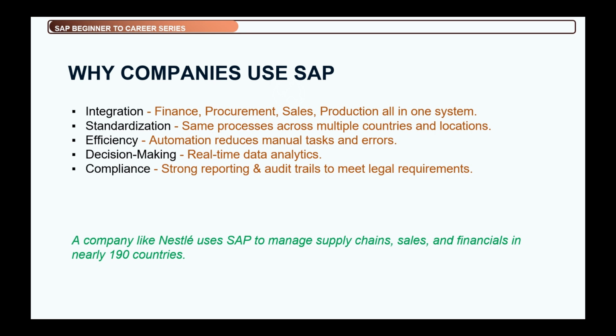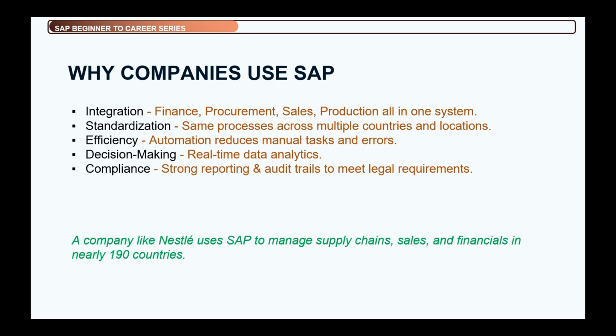Decision making. Having all the information within the same database, management can access the database and the information is real time, so anyone can pull information from the system and use it for their data analytics activities. Compliance.